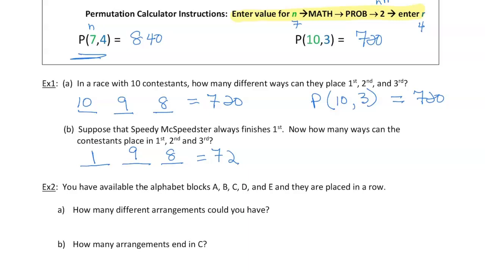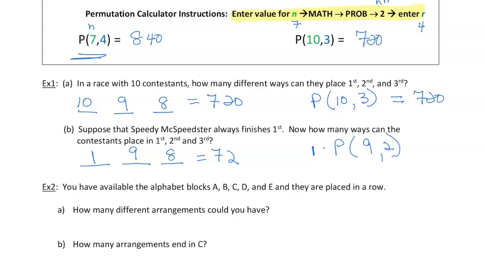Remember, you still have that first place that you're not really placing. It's kind of done for you, right? So we're going to say that first person's taken care of. I now have 9 people, and I need to place 2 of them because I just need second and third. So I'm going to say 1 times P92.